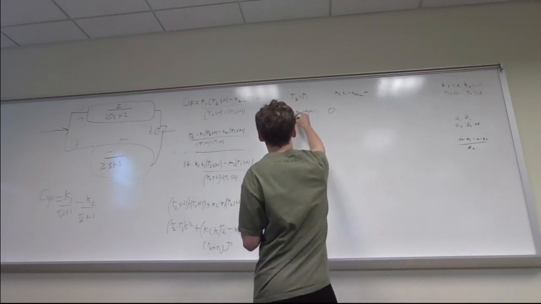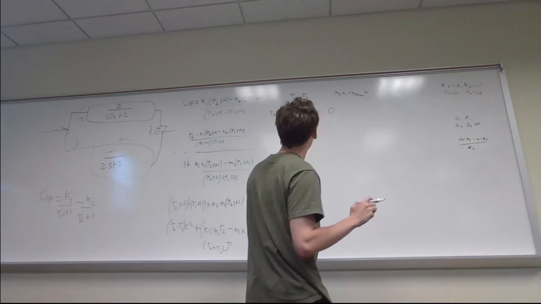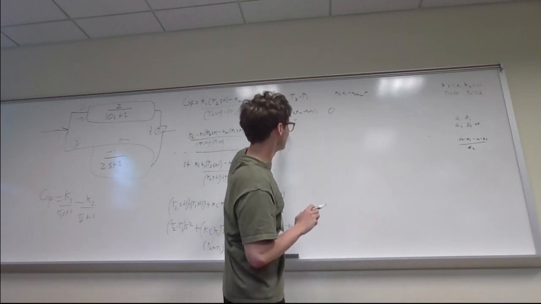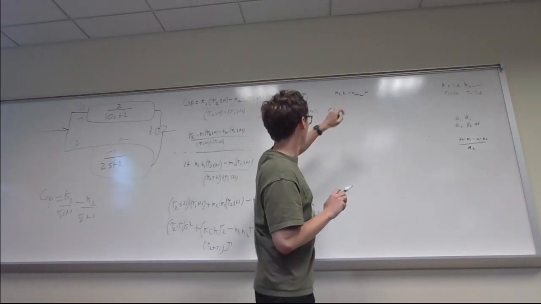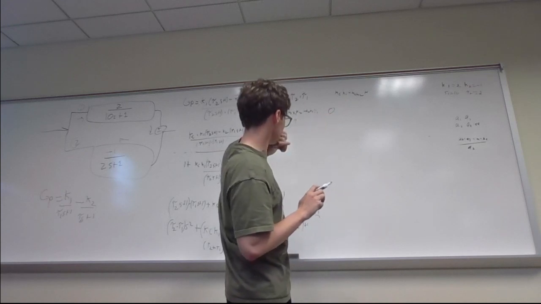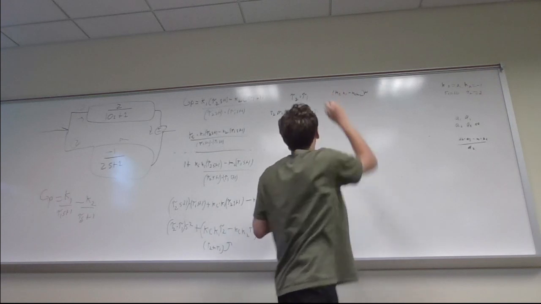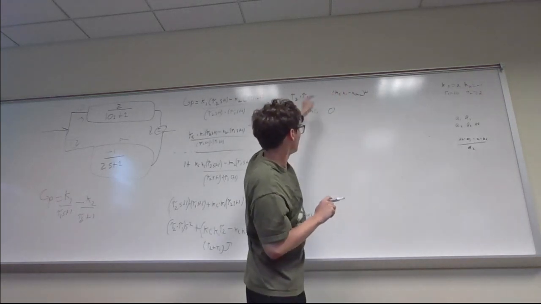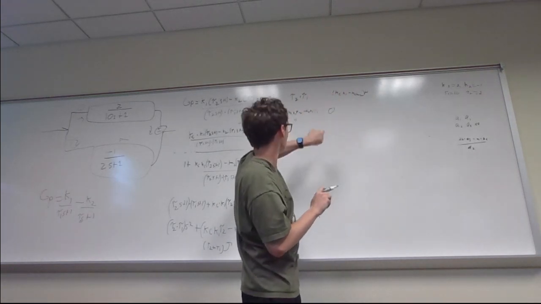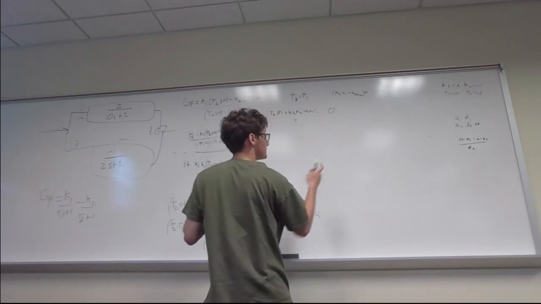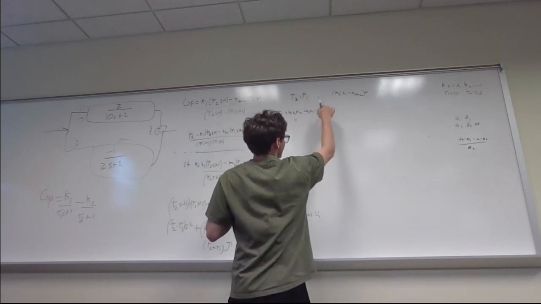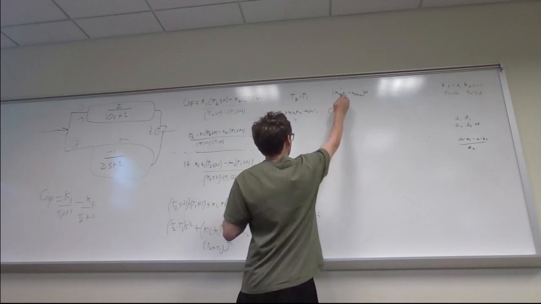All right, and we want B. So what this is, we do A2 times A3 minus A1 times A4 divided by A2. So theoretically, it's just A2 times A3, because this is going to be 0, divided by A2, so we just get this lump.